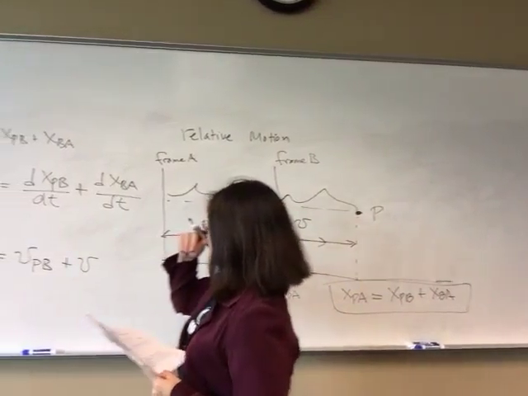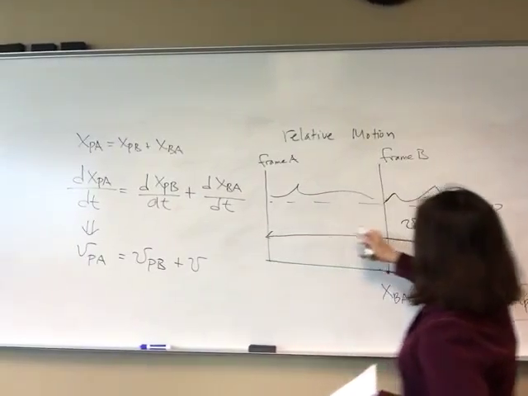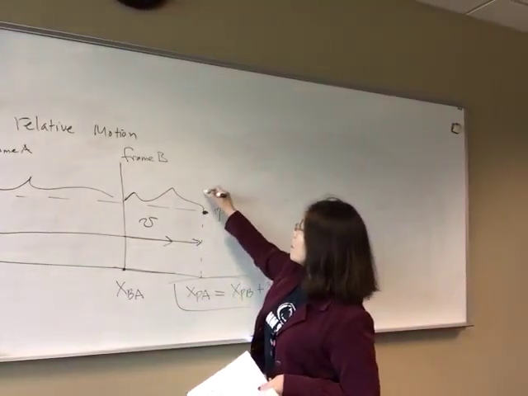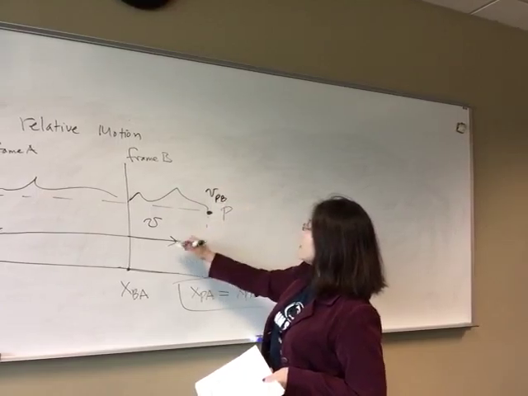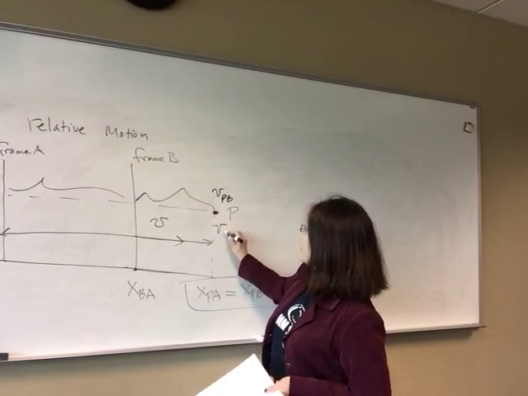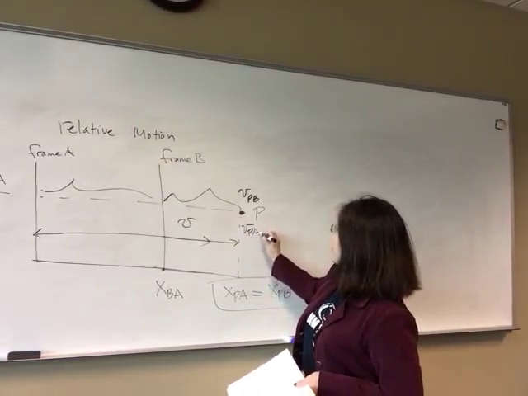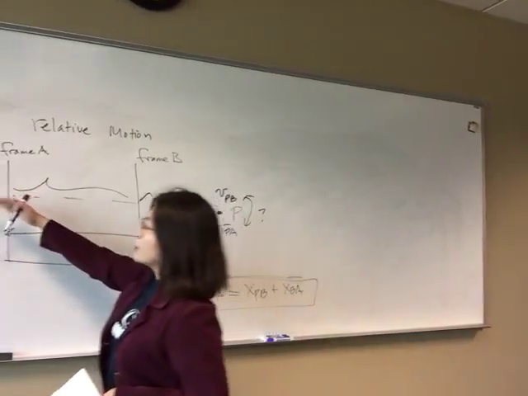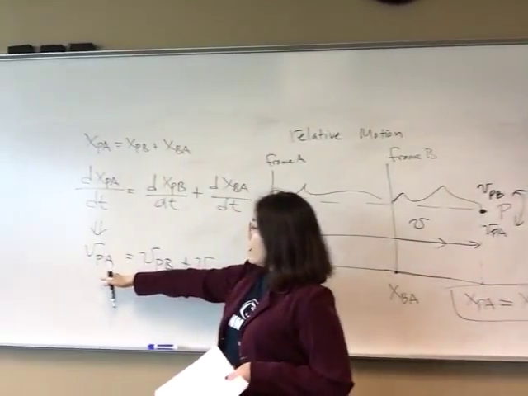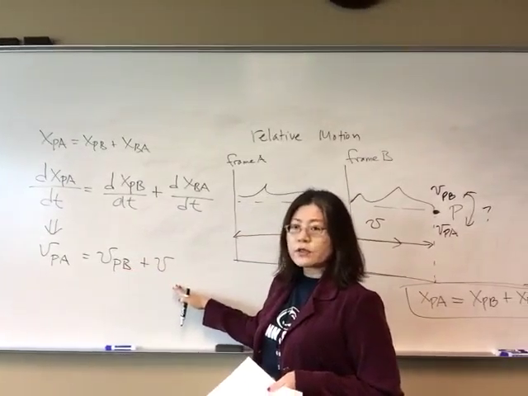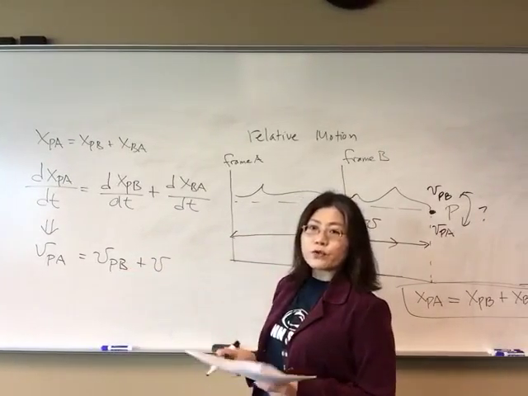Okay, and in terms of velocity, if you measure the velocity in frame B, we call that VPB, and if you measure the velocity in frame A, we call it VPA. How are they associated with each other? Just by looking at this equation, we found that the velocity in frame A is equal to the velocity in frame B, plus the relative velocity between those two frames.